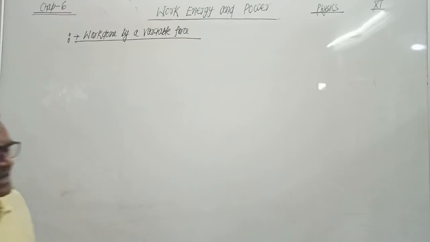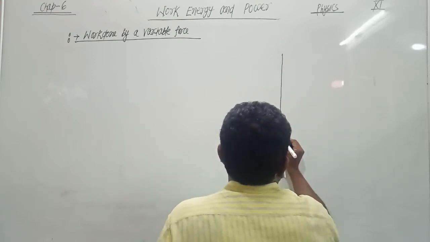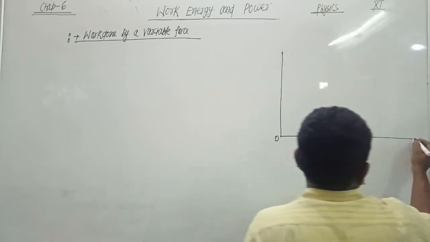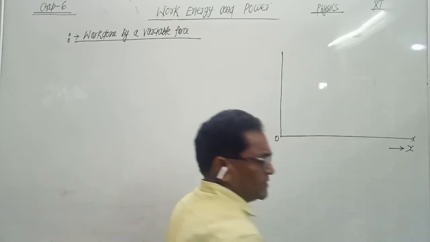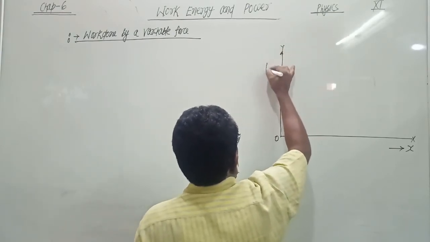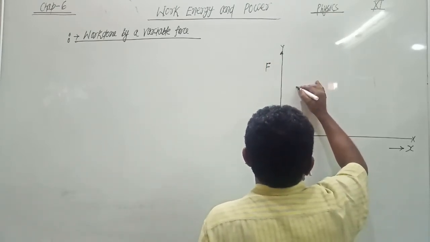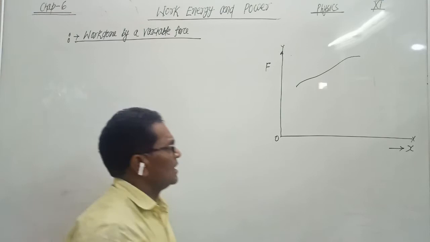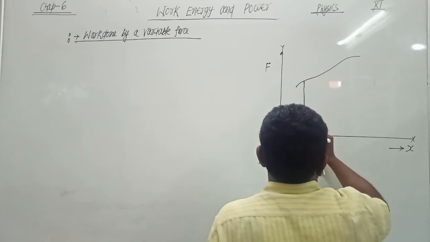Work done by a variable force. This is the x-axis, and along the x-axis there is displacement and along the y-axis there is force F. A variable force acts in the direction of the x-axis.